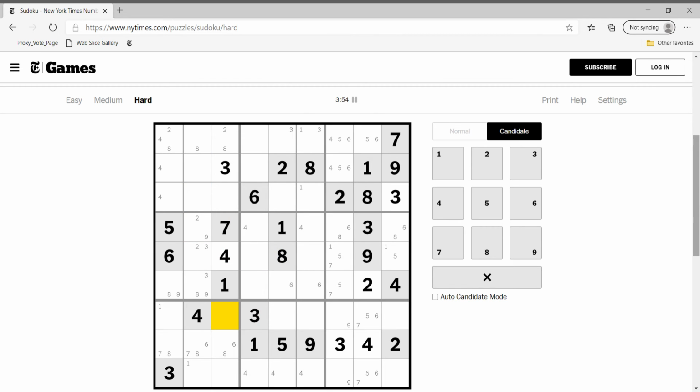The other thing we know is, so this cell, actually I just want to check one thing real quick. So in this box, let me just see.